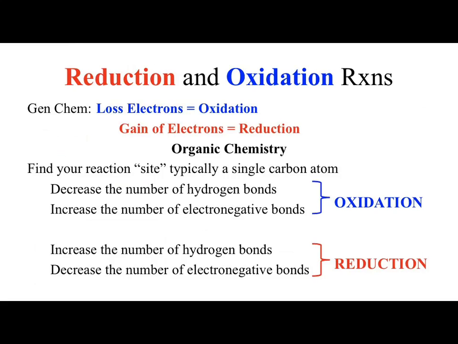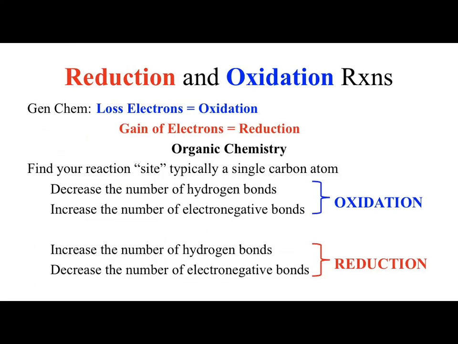That definition is a bit narrow, which is why we shift to increasing the number of electronegative bonds. The other thing we could look at is decreasing the number of hydrogen bonds. Not the force, but actual hydrogen atoms being bound to the structure. Yes? So you can't have both of these at the same time, right? We can have both of these at the same time.